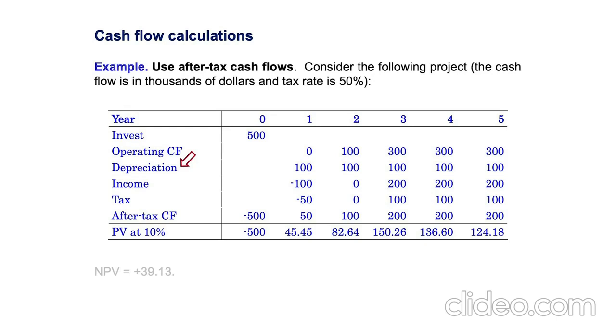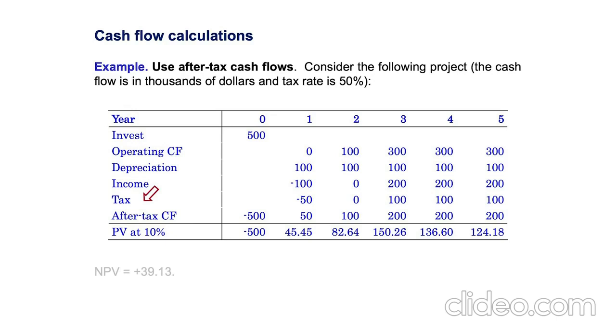Note that depreciation does not represent the actual cash flow, but it can be used to reduce taxes. Row 5 gives the accounting income, which is the difference between operating profit and depreciation. We have minus 100 in year 1, 0 in year 2, 200 in year 3, and so on. As seen from the previous example, this is not the actual income because depreciation is not itself a cash flow. Row 6 gives the tax, which is the tax rate times the operating cash flow minus the tax rate times depreciation, the tax credit.